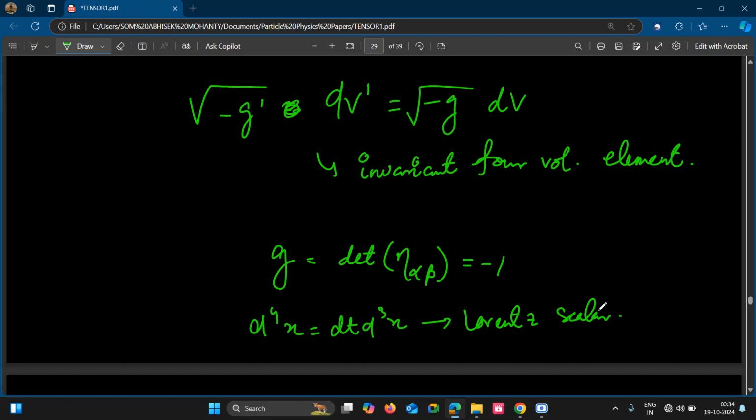So these are the basic fundamentals. We have to remember all this for use in relativistic concepts, right? They'll be heavily used in relativity, so we have to be really careful about all this. Okay, so this is your tensor analysis.